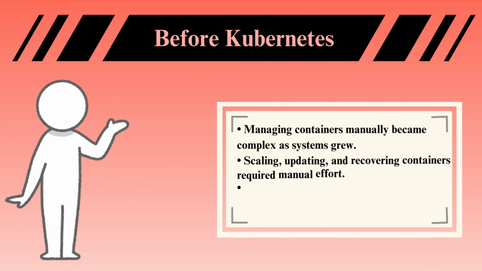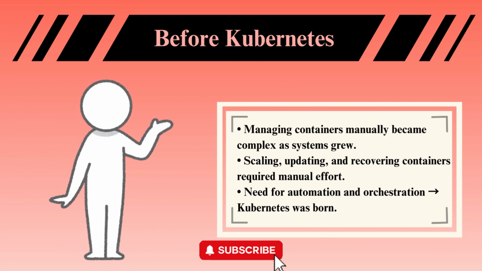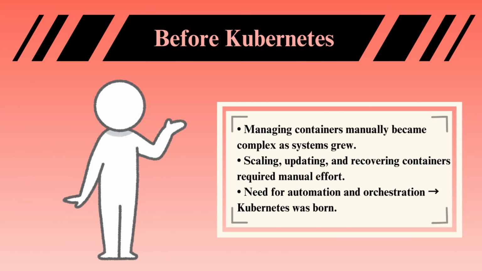Before Kubernetes, teams used Docker to containerize their apps, but managing containers at scale became a nightmare. For example, you deploy 20 containers manually. One container crashes, you restart it manually. You want to scale up, you deploy more containers.